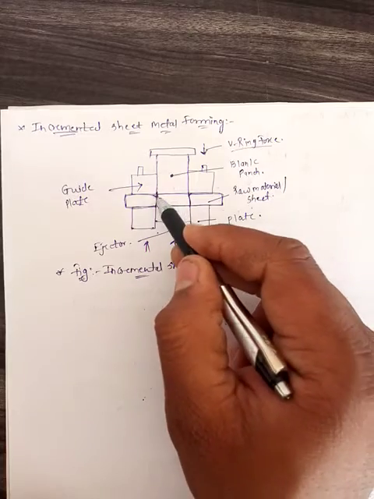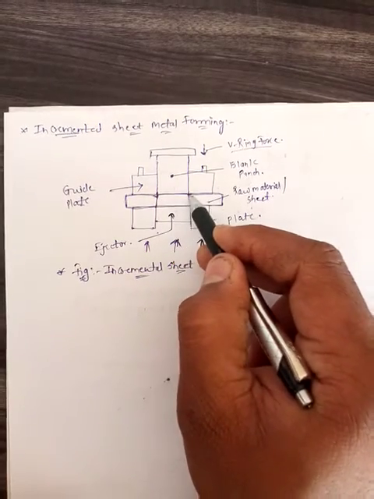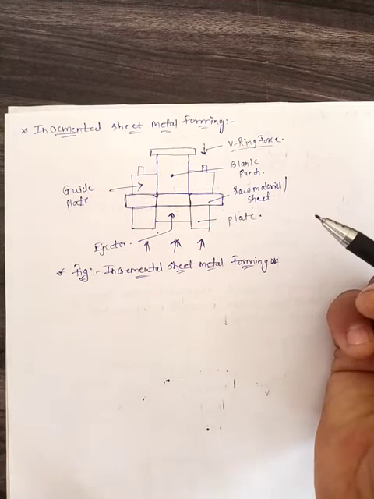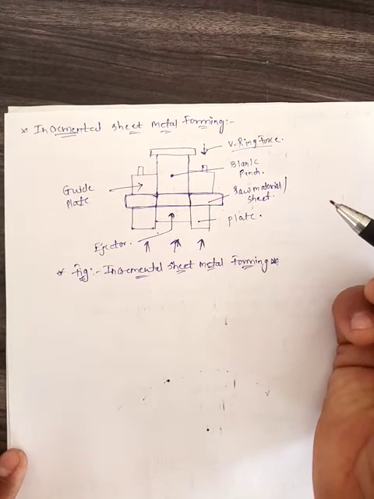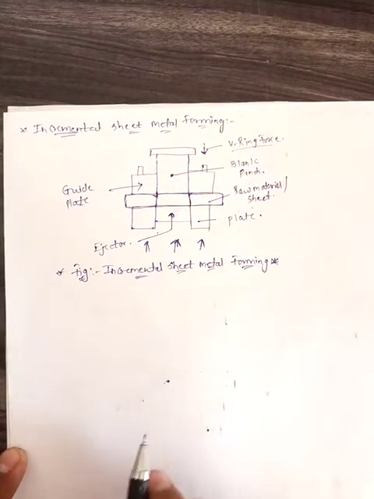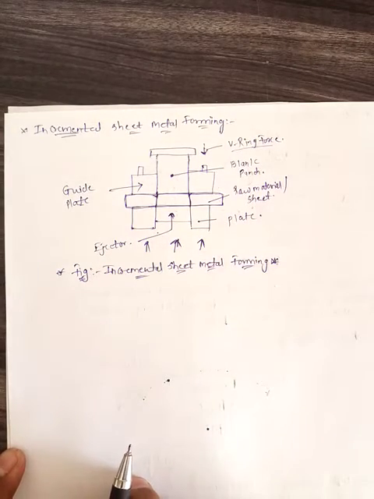Okay, understood. And this material gets removed that we require for processing. This is how the incremental sheet metal forming process is carried out.